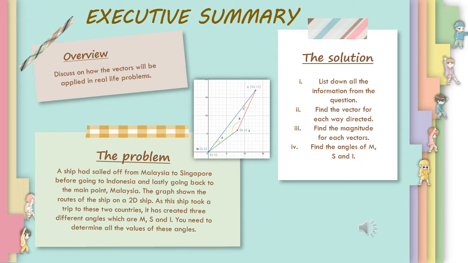As this ship took a trip to these two countries, it has created three different angles, which are M, S, and I. You need to determine all the values of these angles. The solution: list down all the information from the question, find the vector for each way directed, find the magnitude for each vector, and find the angles of M, S, and I.